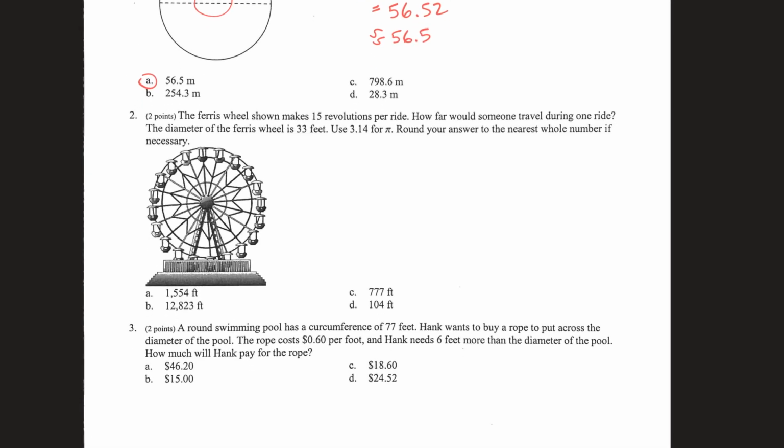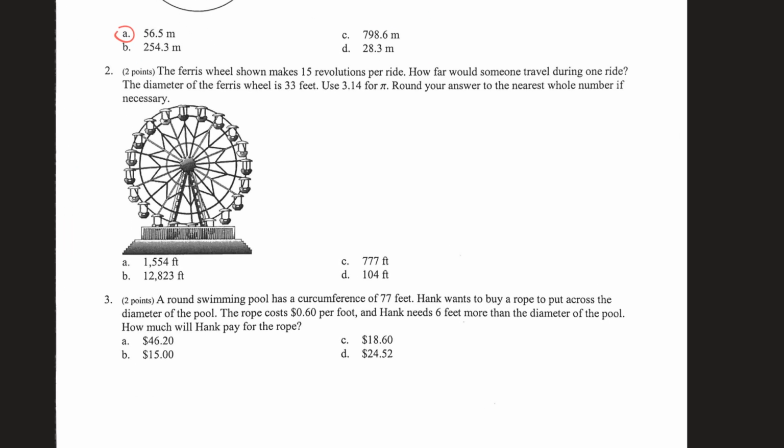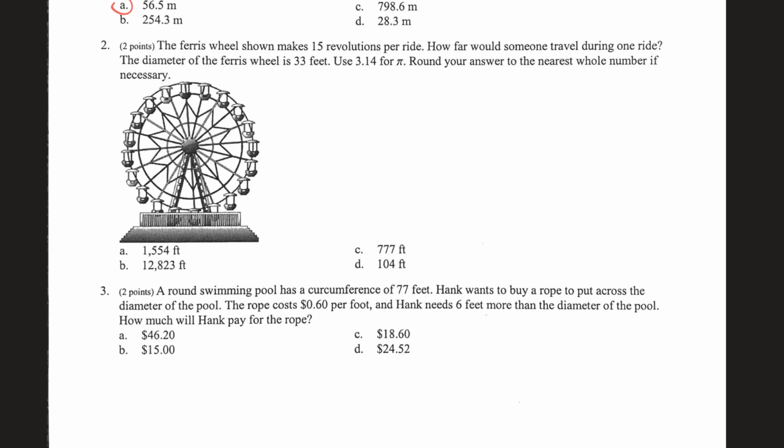Okay, next. So the Ferris wheel shown makes 15 revolutions per ride. How far would someone travel during one ride? The diameter of the Ferris wheel is 33 feet. So this diameter right here is going to be 33.